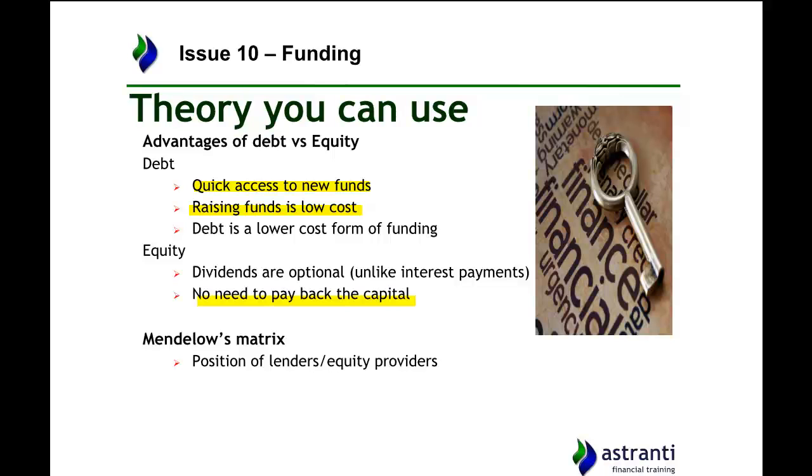I mean, some shareholders will want dividends, and if they do not get them, they may eventually sell their shares and move on, but they are still optional, which of course is the opposite of interest payments, which are mandatory. If you miss your interest payments, you risk damaging your credit rating further, and also you risk losing those assets that you've secured that debt financing against.